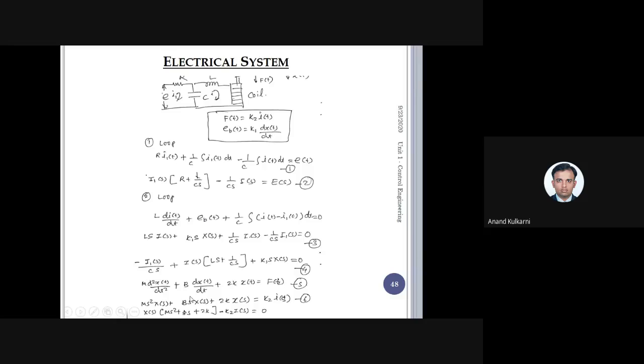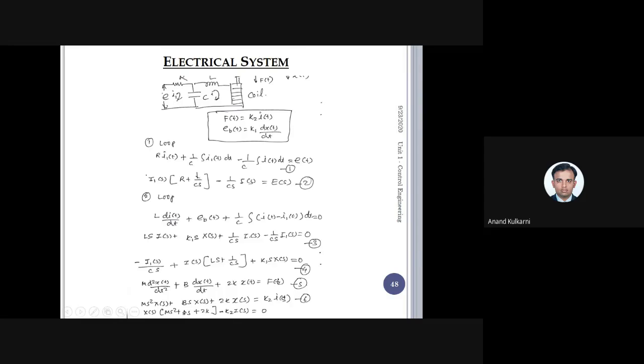Here if you take the Laplace transform, d square x by dt square becomes m into s square into x of s, plus b into dx by dt, so s x of s, plus 2k x of s, into, I have supplied the value of f of t. F of t you can see here is k2 into I of t, so k2 into I of s it becomes.